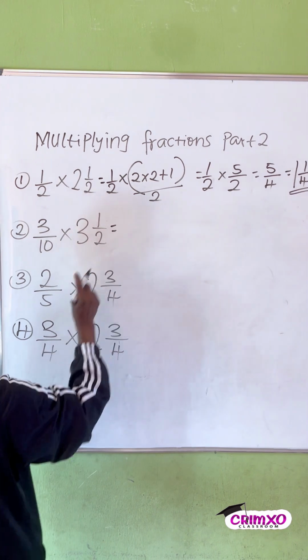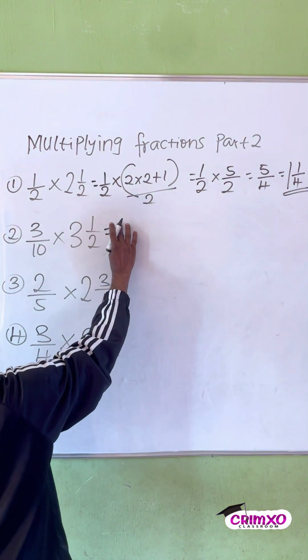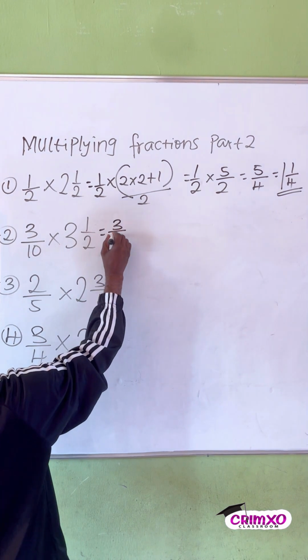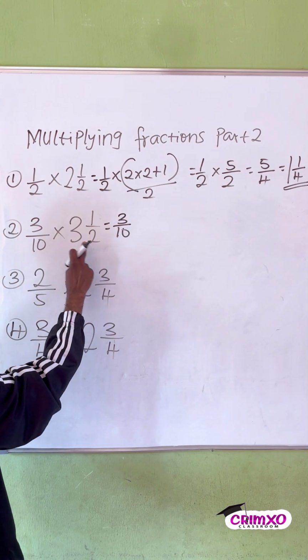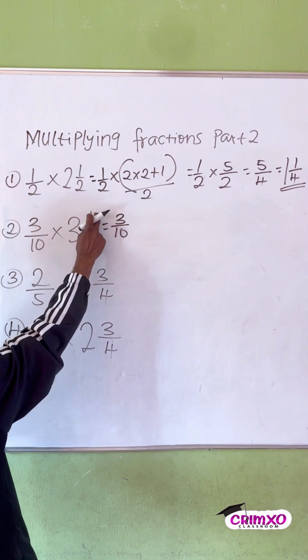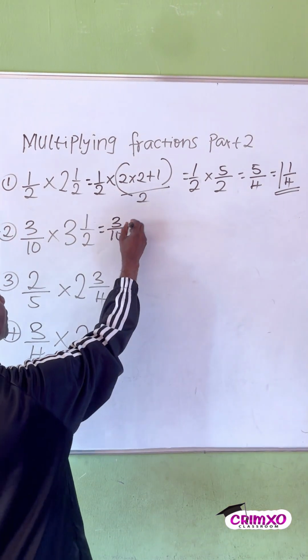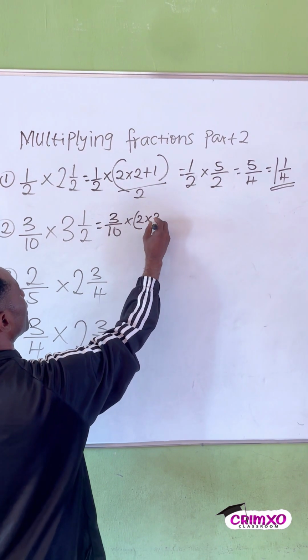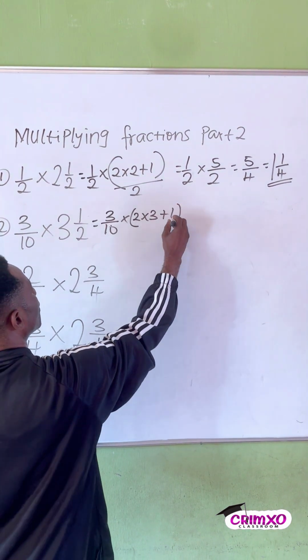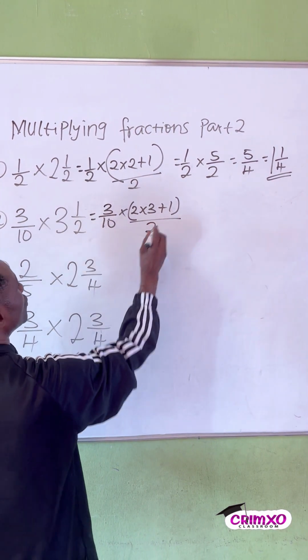So looking at number 2, we have 3 over 10 times 3 whole number 1 over 2. Then we do the same here. We multiply 2 times 3 and then add 1 to it. That is 3 over 10 times, bracket, 2 times 3 plus 1, all over still the denominator 2.